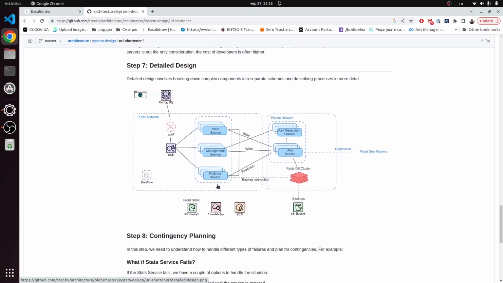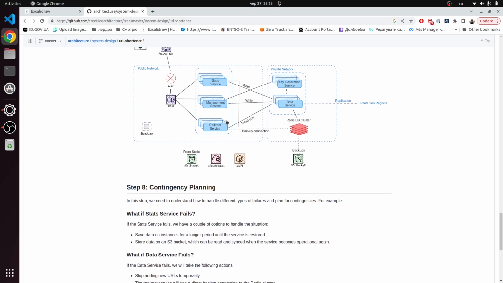We'll accumulate some stats views inside each instance of the redirect service, so we will not write to the stats service on each view. For example, every 10 minutes we'll write data through an additional thread to the stats service, and it will write it to the database. So what if the stats service fails?